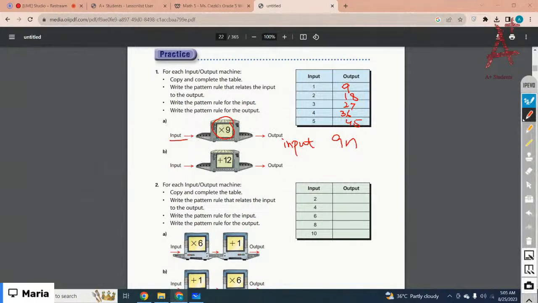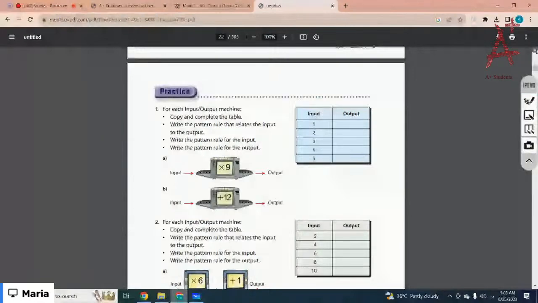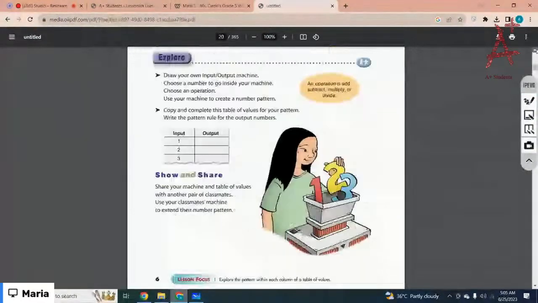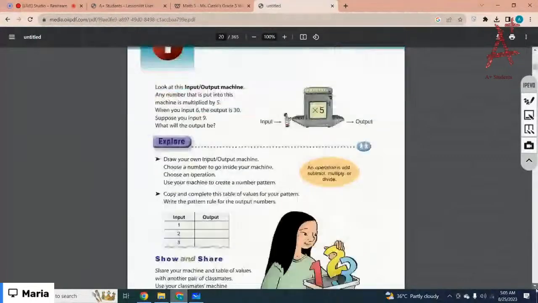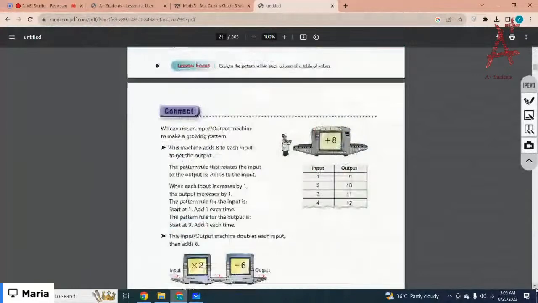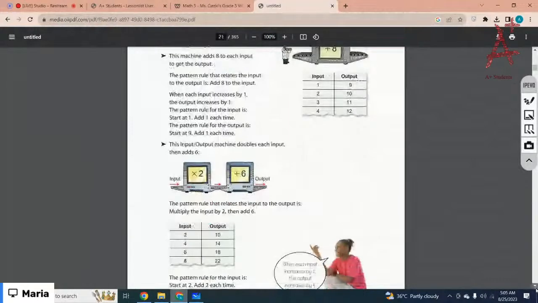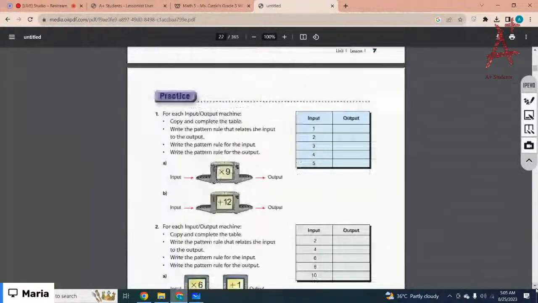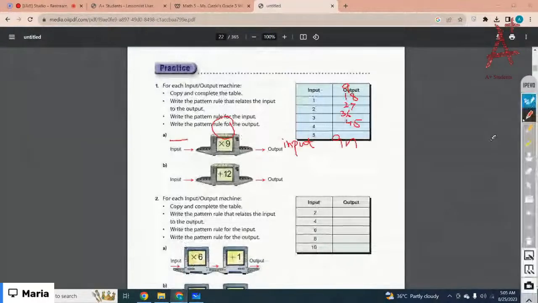And for the output machine, you have to go by reverse operation, right? You have to divide by n.